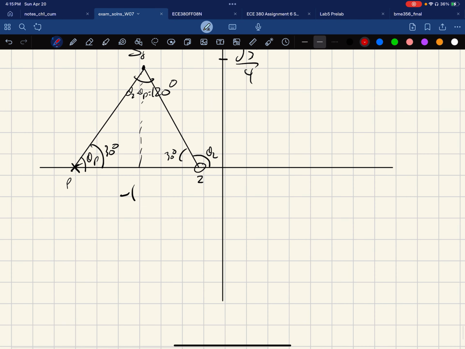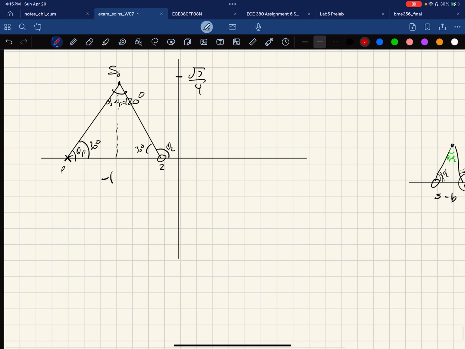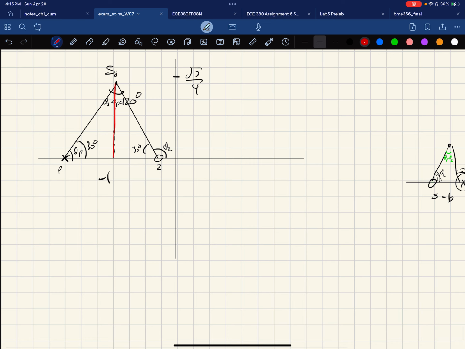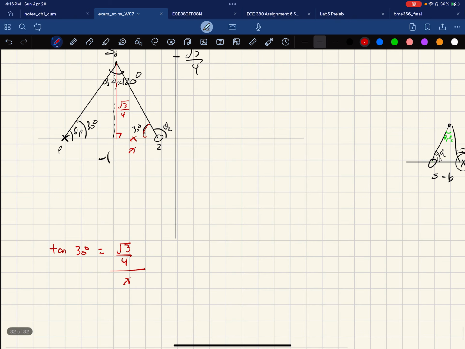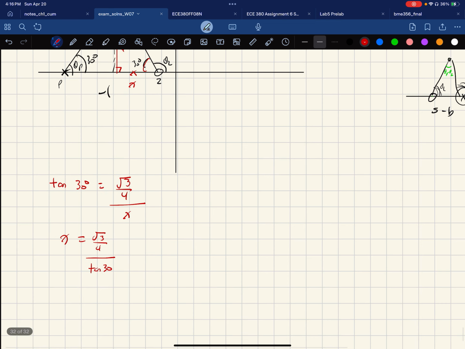Knowing that this is at -1, and knowing that this height is √3/4, then I know that tan of 30 degrees is equal to the opposite, √3/4, divided by the adjacent, which is x, such that x equals √3/4 divided by tan of 30. Tan of 30 is 1/√3.